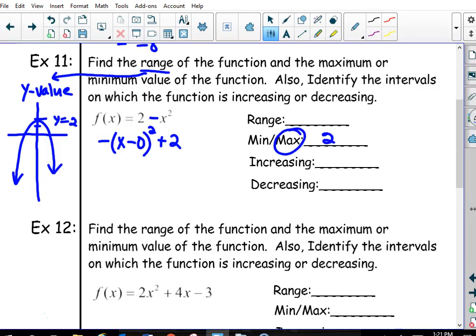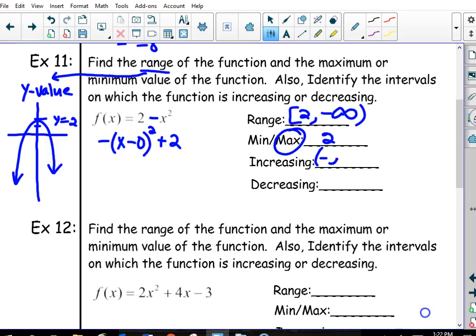The range has everything to do with the maximum, because all of our y values have to be between that number and, it looks like, -infinity. And does it include that number? Yes, it does. And it's increasing everywhere it's going up. That's to the left of the vertex.